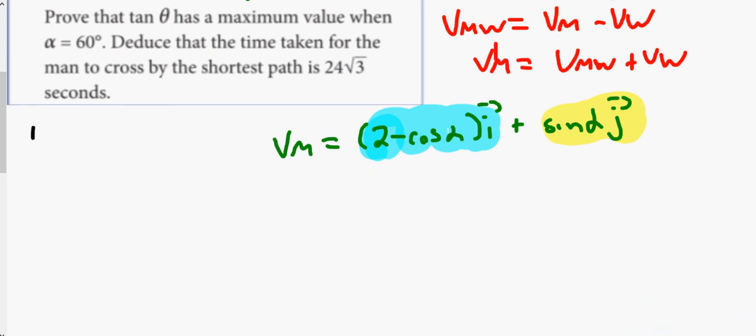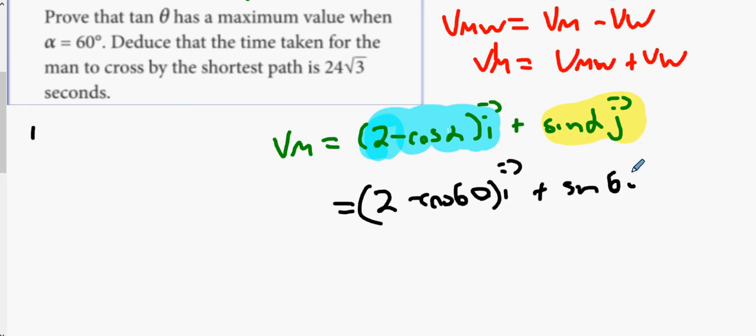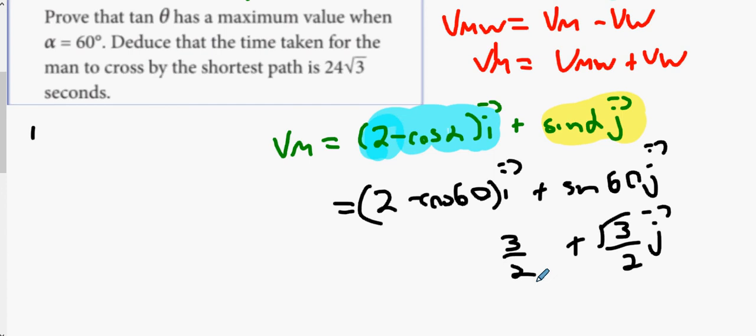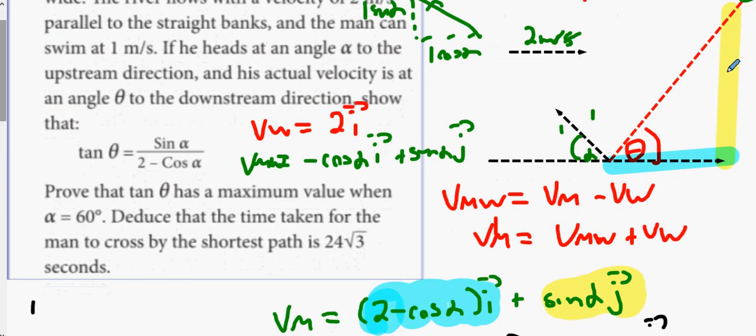So it's going to be 2 minus cos 60 i plus sin 60 j. Pretty sure that's root 3 over 2. Pretty sure the other one's going to be 3 over 2. It's going to be 2 take away a half, which is 3 over 2. Which component am I concerned with? Am I concerned with the yellow part or the blue part?